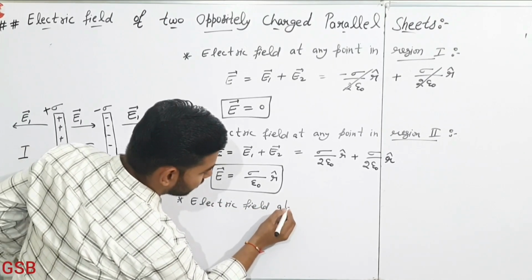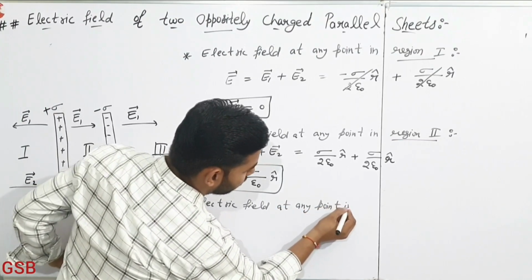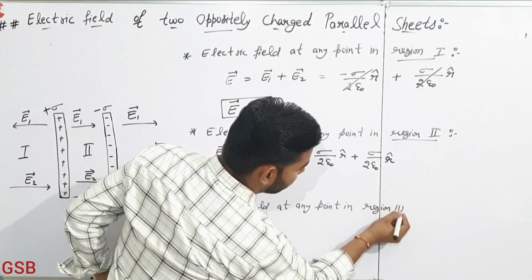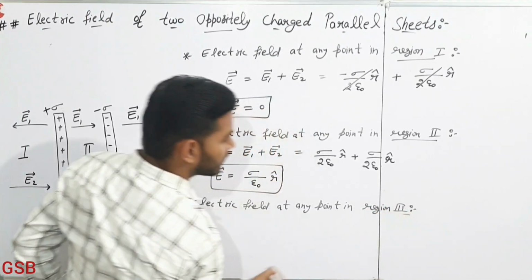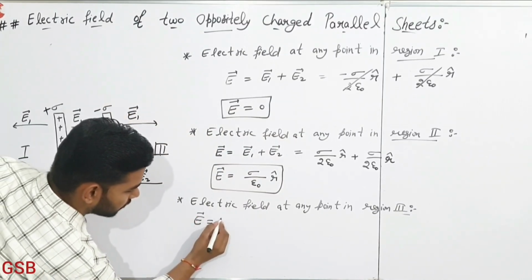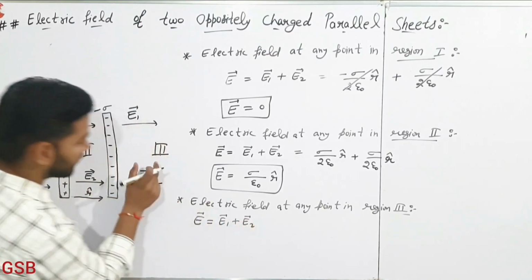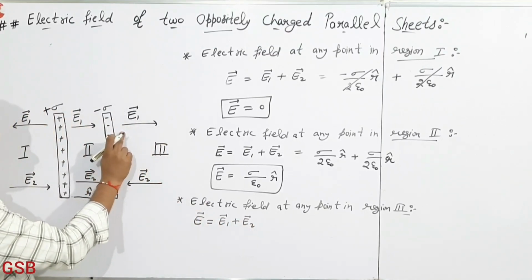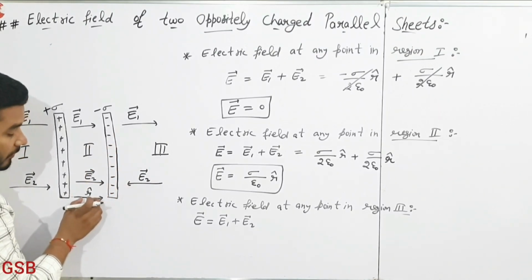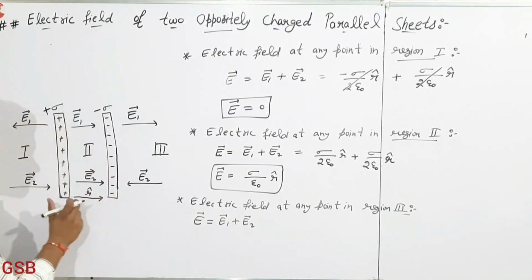Now the electric field at any point in region third. According to the superposition principle, E vector is equal to E1 plus E2. In region third, electric field E1 is along the unit vector R cap, but E2 is opposite to the unit vector R cap.